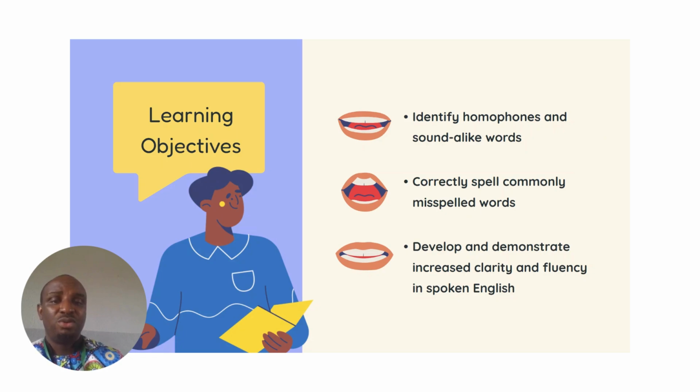We should be able to note their correct individual spellings, then develop and demonstrate increased clarity and fluency in English. We know how to use them in different situations. These are things we must achieve at the end of this lesson, so as to enhance our fluency in English.